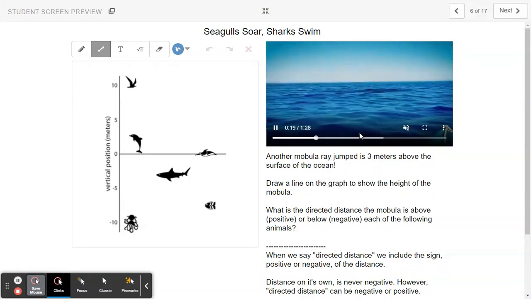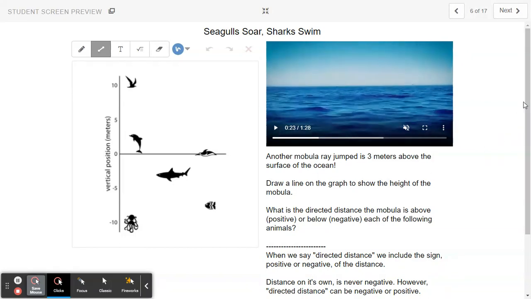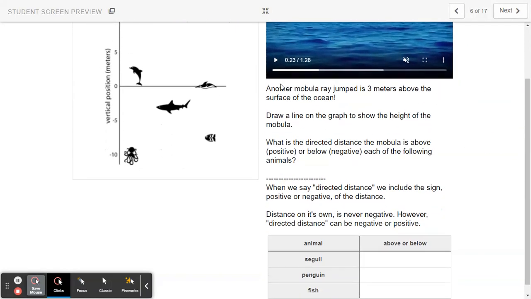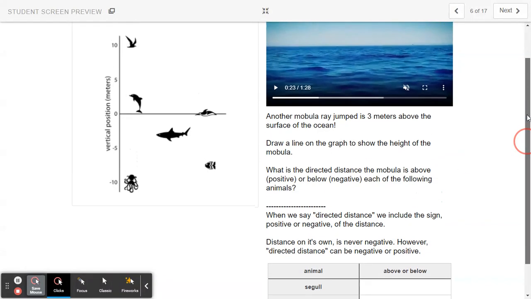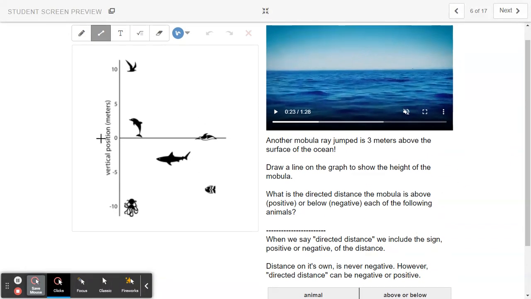So in our lesson, it says that a mobula ray jumped 3 meters above the surface of the ocean. Draw a line on the graph to show the height of the mobula. Okay, so I have my line tool selected. So it says 3 meters above. The first thing I'm going to do is make some marks on here to show everything.